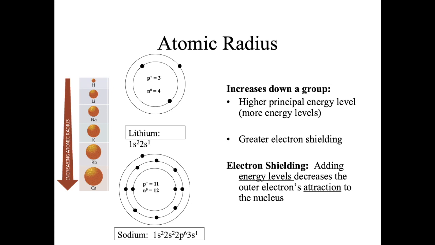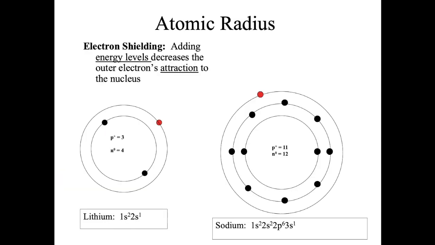Let's think about a little metaphor to help us think about this a little bit more. Let's say I'm an electron. I'm the little red electron on lithium here, and I'm attracted to the nucleus. But instead of the nucleus, let's pretend the nucleus is my celebrity crush, Hugh Jackman.